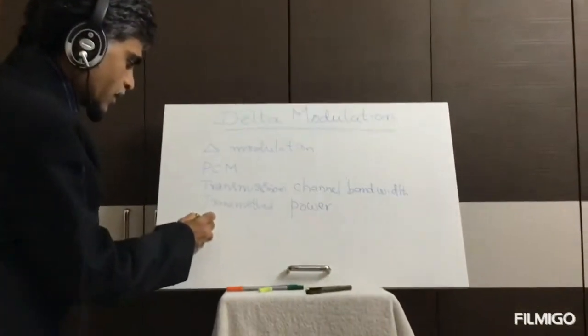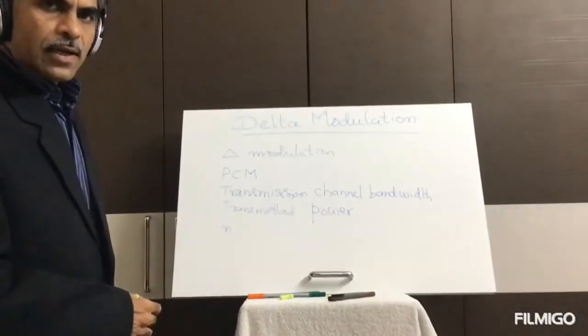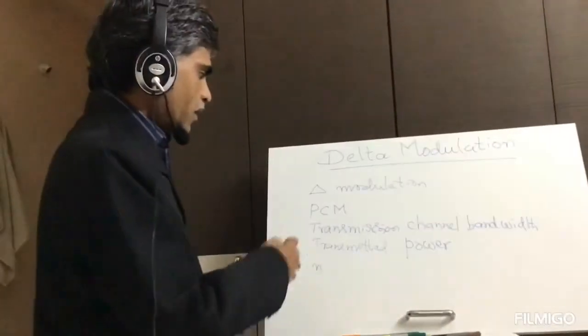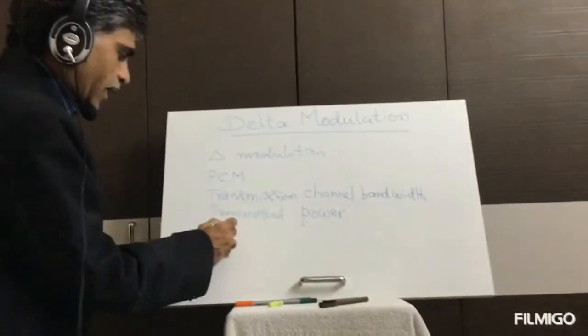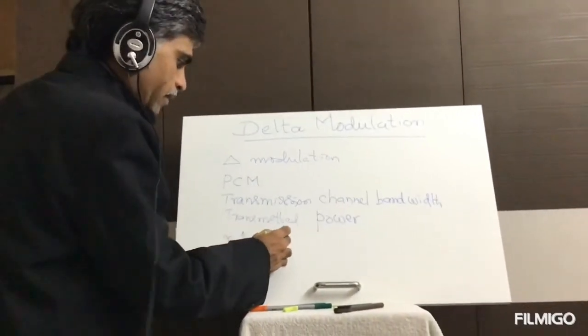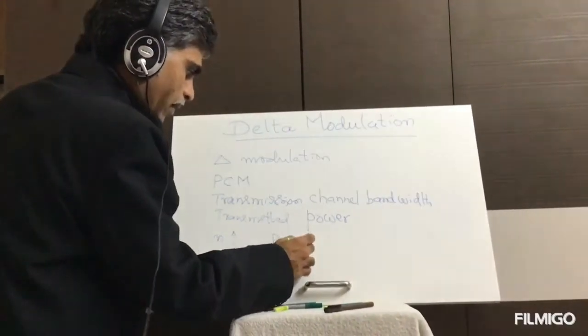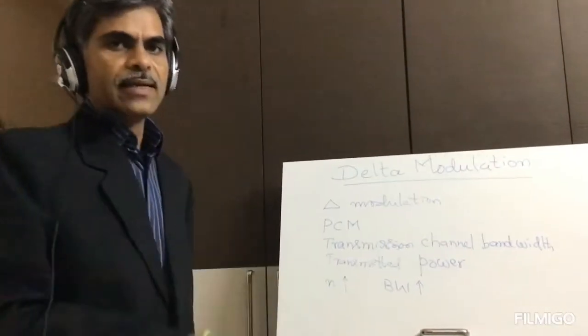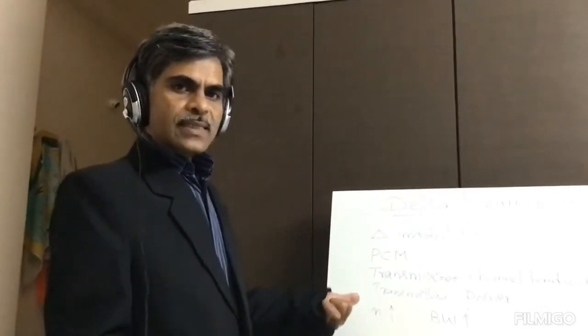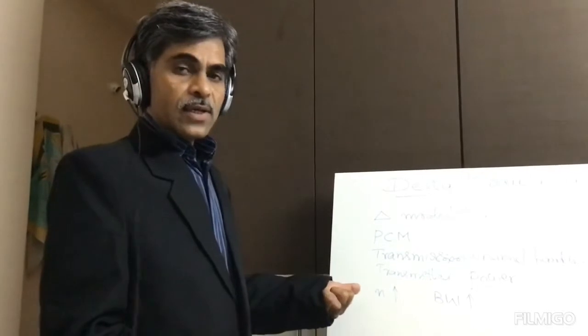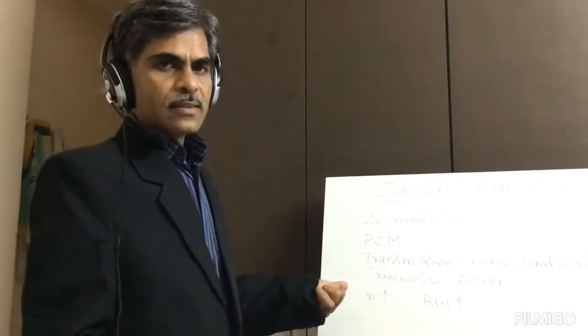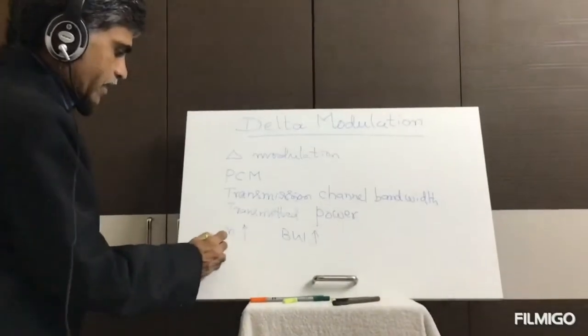Because of that, you need more quantization levels as well as more number of bits. As the number of bits n, where small n stands for the number of bits utilized by the particular modulation technique, increases, the channel bandwidth requirement will also increase, which is disadvantageous. So to overcome this, we move from the pulse code modulation technique to differential pulse code modulation. In short, we name it DPCM.